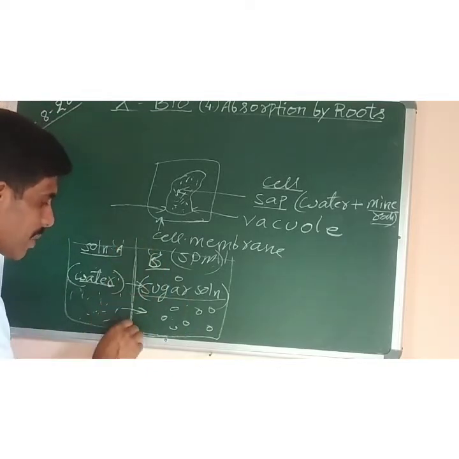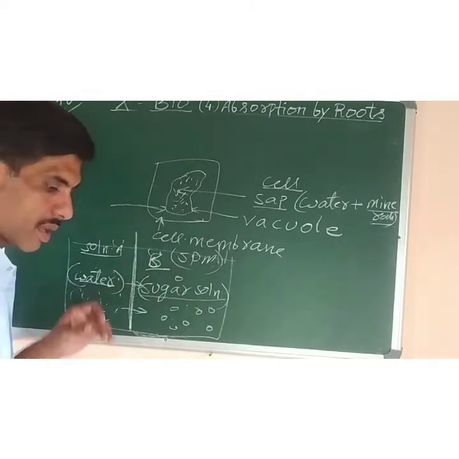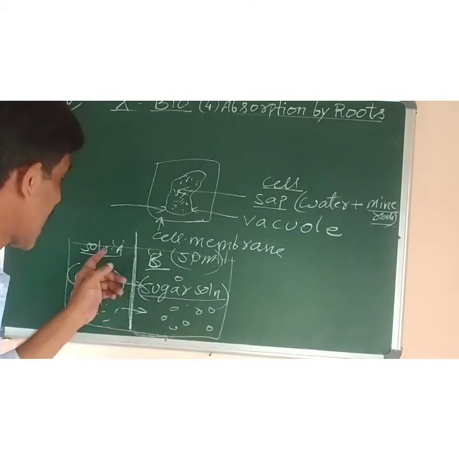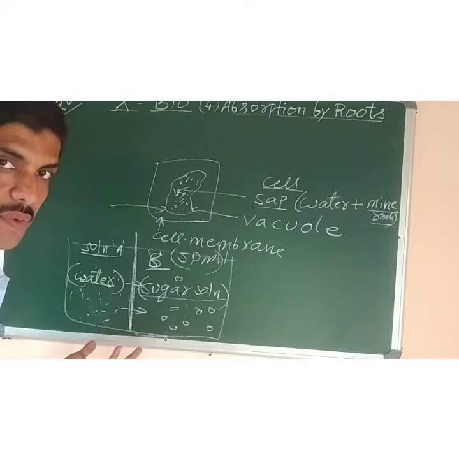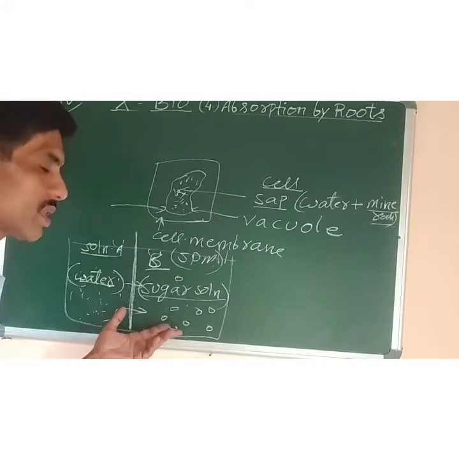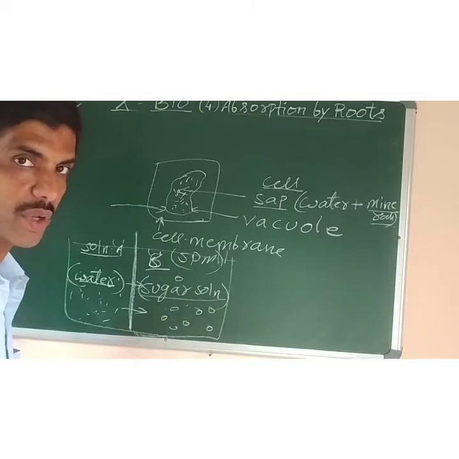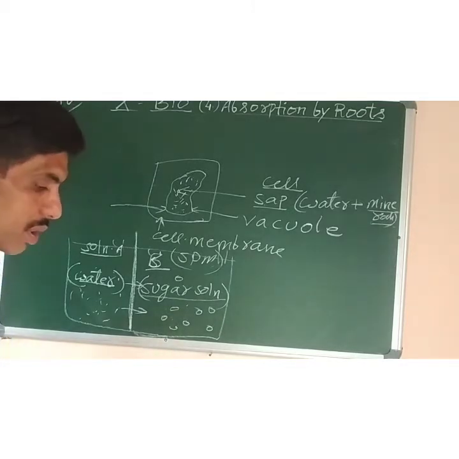This membrane is semi-permeable. Okay? From the higher concentration, because there are more water molecules inside A, only water is there, so of course it is more. Here it is sugar solution, means sugar particles are there along with the water molecules, because sugar is dissolved in water to make the sugar solution.